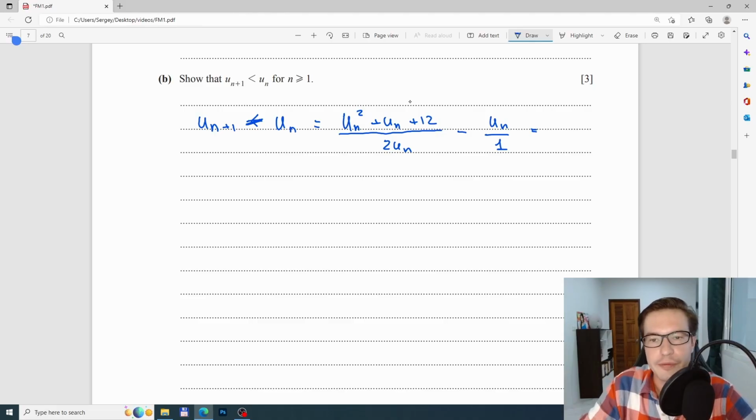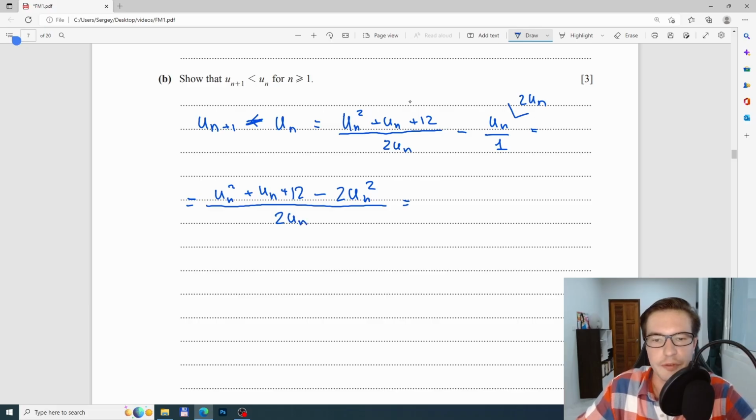Again, we need a common denominator, which is going to be 2un, so I will have to multiply this fraction by 2un, and I will get minus 2un squared over 2un. Let's simplify it, and I'll get minus un squared plus un plus 12 over 2un. Okay, now let's put the minus in front of the fraction.